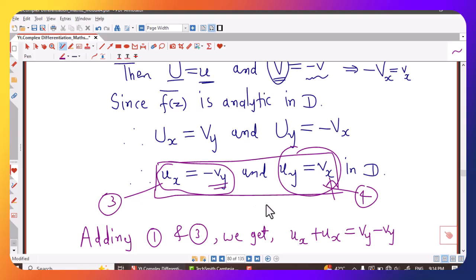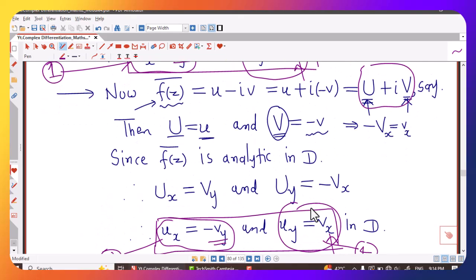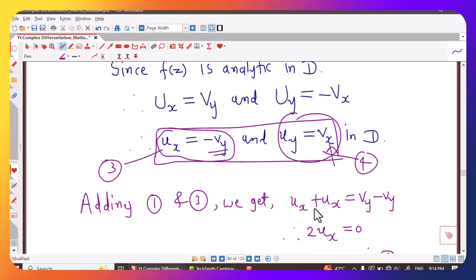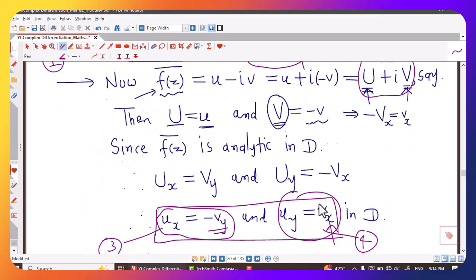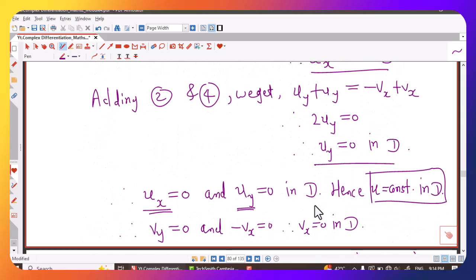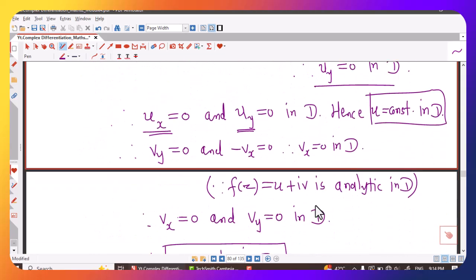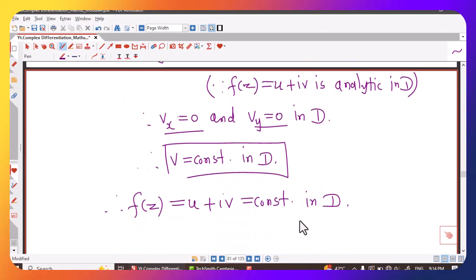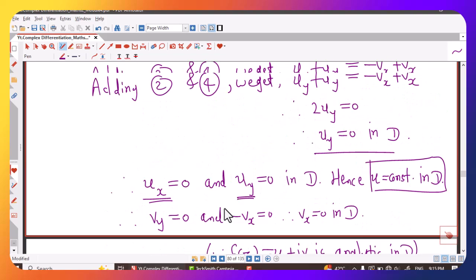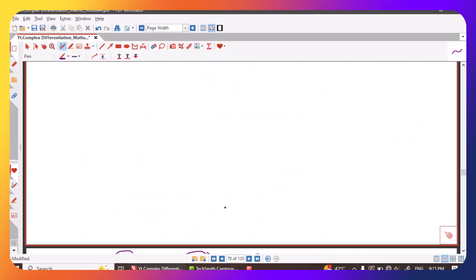And using equations 1 and 3, we find that ux and uy are 0, and then using Cauchy-Riemann equations, we find that vx and vy are also 0, and that gives us that u and v must be constant, and therefore f of z is also constant in a domain D.